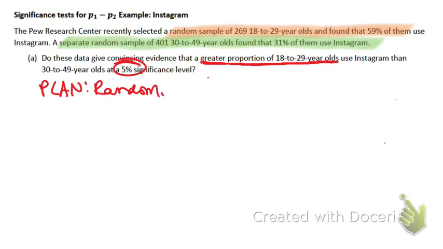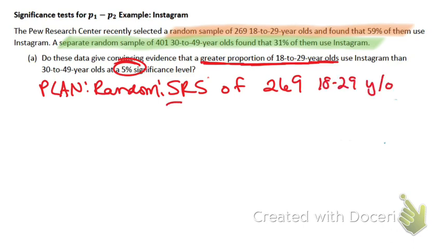Random. We have an SRS of 269 18 to 29-year-olds, and we have an SRS of 401 30 to 49-year-olds. So our random condition is met. Now what?